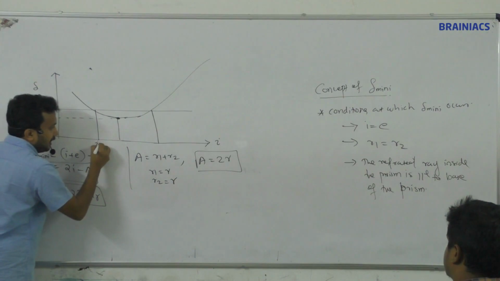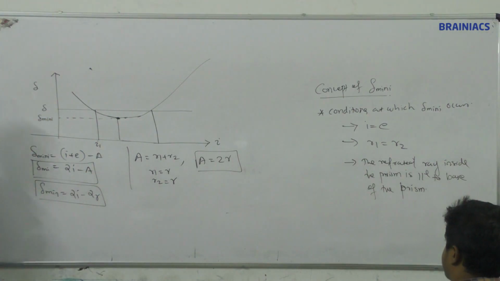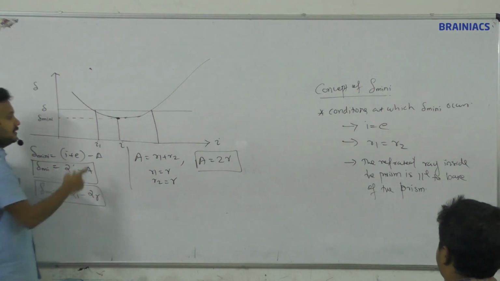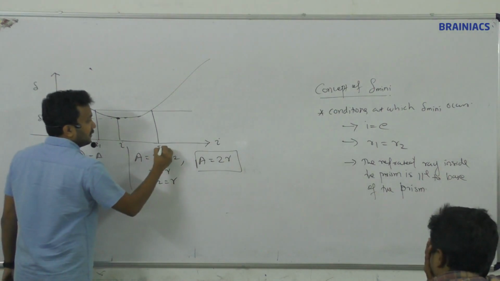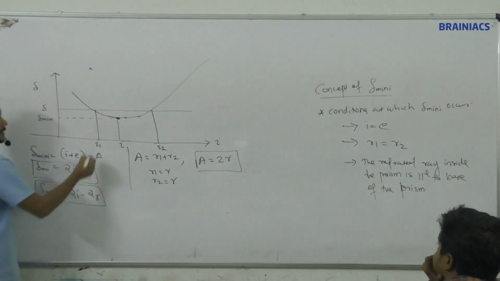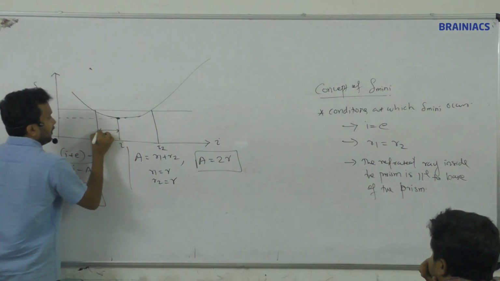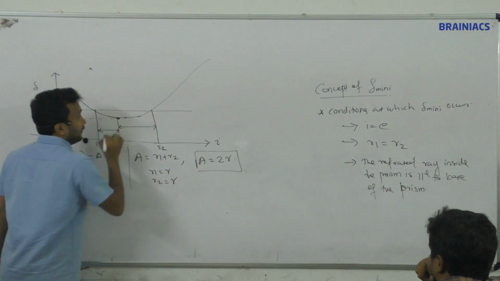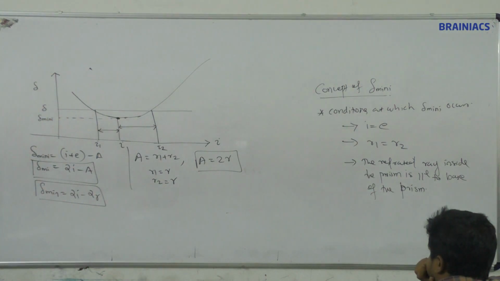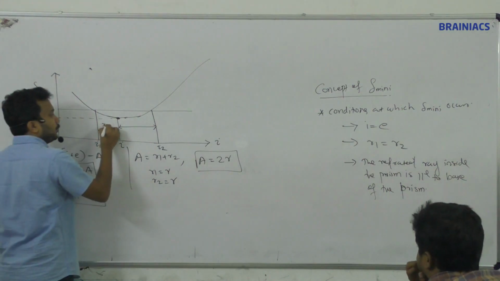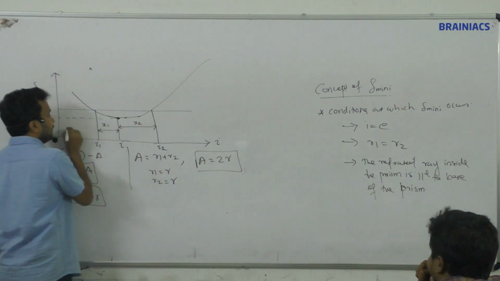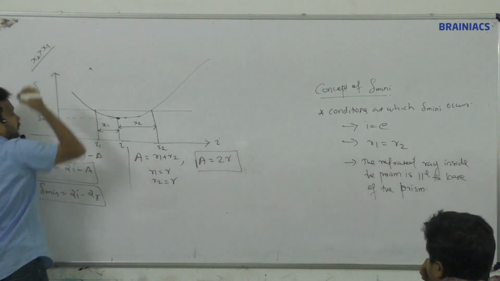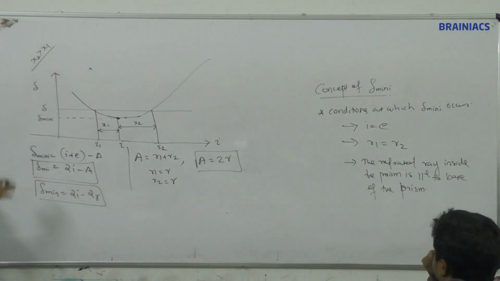This is I1, and this is I2, and I1 and I2 are not the same. Why? Because the distance from the minimum to this point and from the minimum to this point are different lengths. If this is x1 and this is x2, I can say x2 is greater than x1.